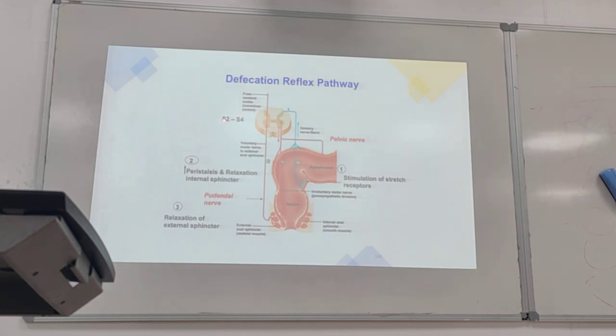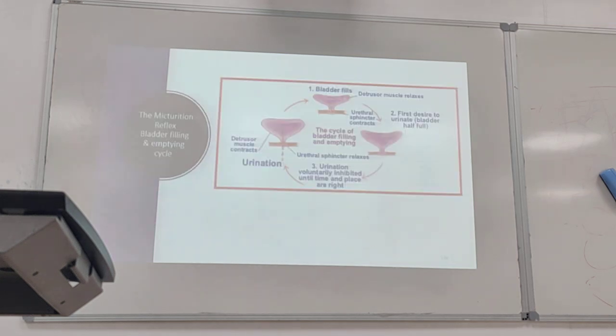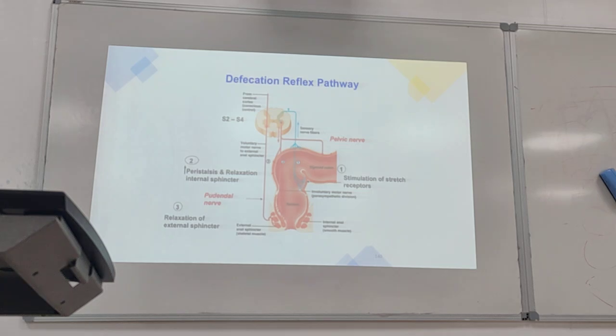You remember parasympathetic coming from S2, S3, S4 in this diagram? Yes. So same S2, S3, S4, they are here. They are supplying the internal sphincter and they are supplying the sigmoid colon and this.